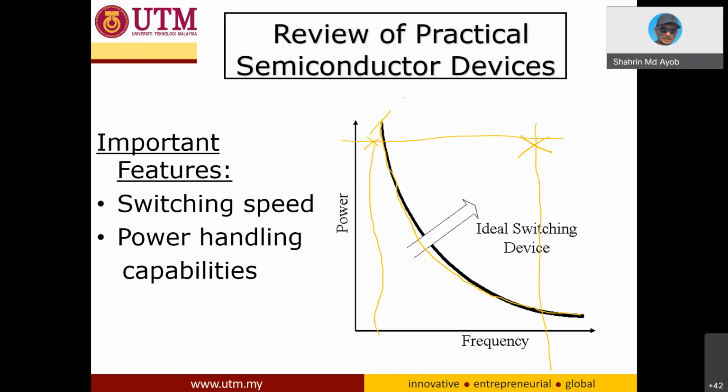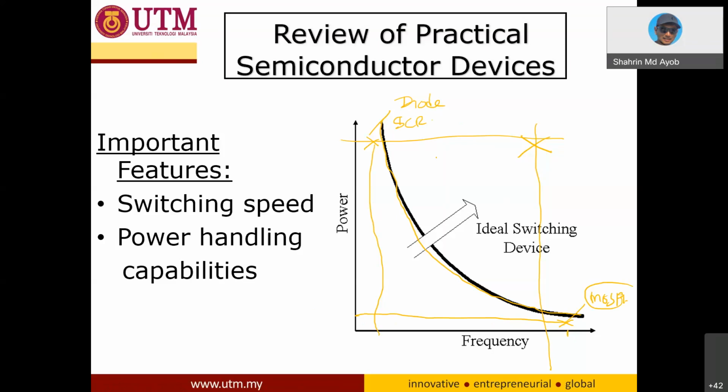For example, the diode, the SCR and so on. And there are also devices that can go up to very high switching frequency, for example the MOSFET, but because of the material used to design the MOSFET, it cannot handle high power.